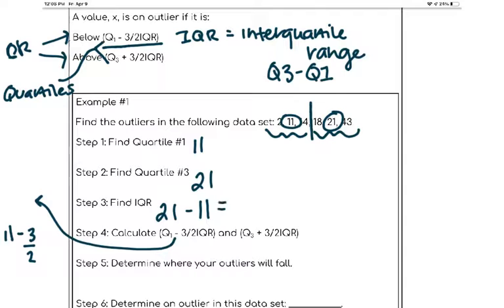Well, we figured out our interquartile range was 21 minus 11, which is 10. So 3/2 times 10. Okay, so then you'll solve that. 3/2 times 10, that'll be 3 times 10, which will be 30 over 2. 30 over 2, you may have already figured out, is 15.